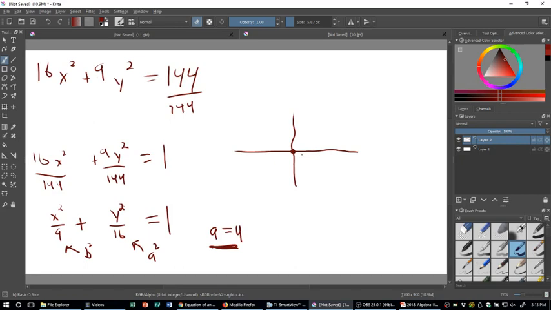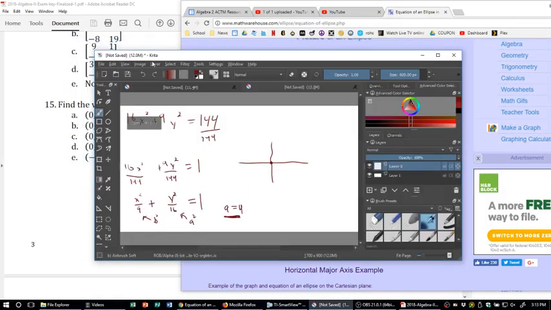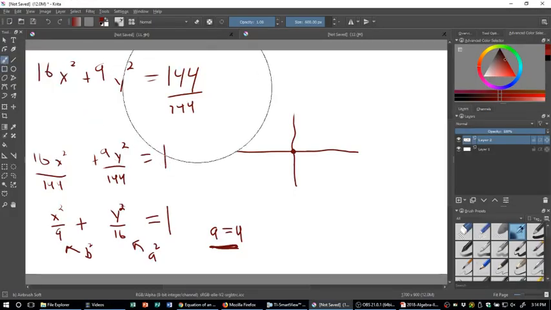But it could be that it's 4 units vertically up and 4 units vertically down if the major axis is vertical, or it could be that it's 4 units to the right and 4 units to the left if the major axis is horizontal.